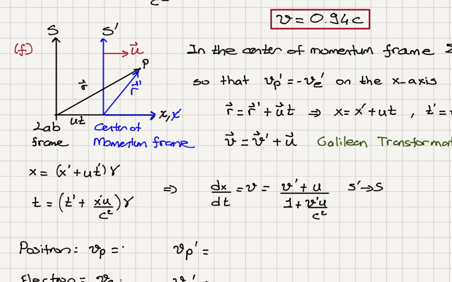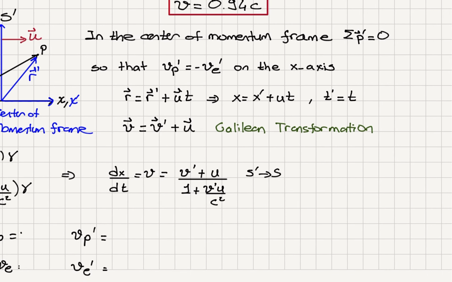If I do the transformation from the S reference frame to the primed reference frame, this is going to be modified to v prime is equal to v minus u divided by 1 minus vu over c squared. So these plus signs become minus, and this part is the primed version, this part is the unprimed version.